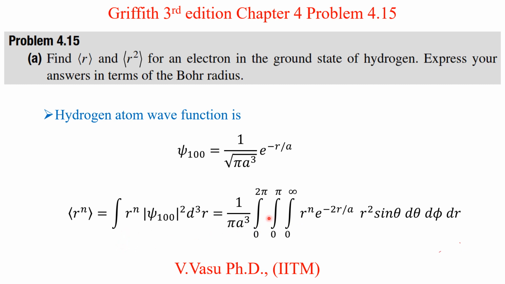I have separated this integral into three parts. d tau in the spherical coordinate system is r squared sine theta dr d theta d phi. So in order to calculate the expectation value over the entire volume, we use the spherical coordinate system.